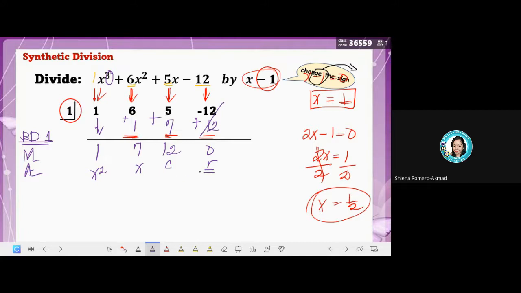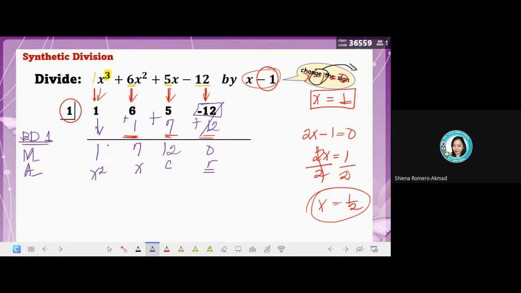Laging remainder yung dulo. Unlike dito, constant yung dulo niya, di ba? Constant term. Dito sa answer, remainder lagi yung dulo. Sunod doon yung constant, sunod x squared. Kaya sabi ko sa inyo kanina, magma-minus lang kayo ng 1 dito sa exponent. So, if the exponent is 3, minus 1, x squared.